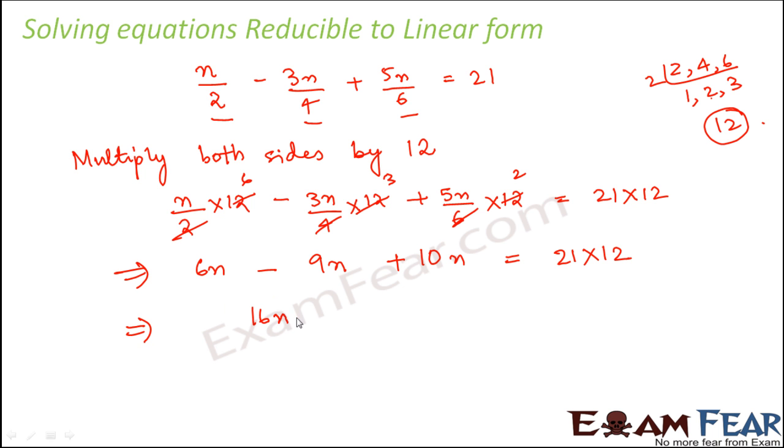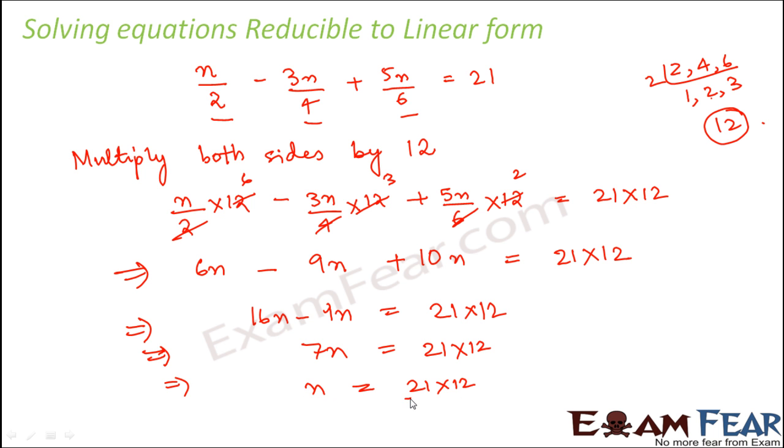Now this side we solve, it becomes 16n minus 9n is equal to 21 into 12, or this becomes 7n is equal to 21 into 12, or n is equal to 21 into 12 divided by 7. So 7 3s are 21, so this would be 12 into 3, that is 36. So n is equal to 36 would be a solution for this equation.